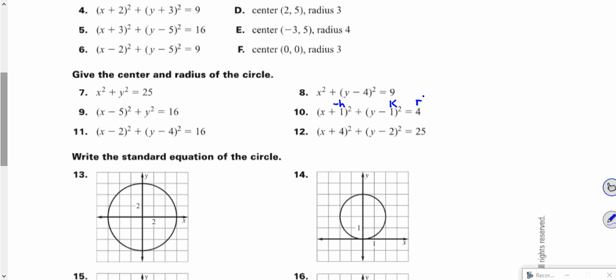This is your r squared. So if I were to rewrite this, it would be (x - (-1))^2 + (y - 1)^2 = 2^2. Then I could say that my center is (-1, 1) and my radius is 2.